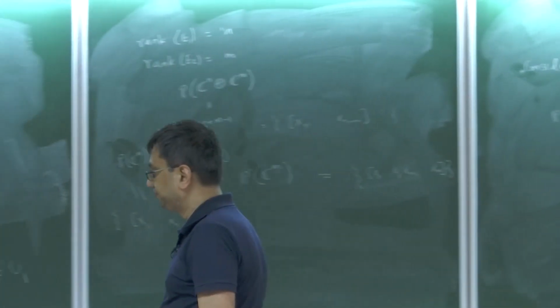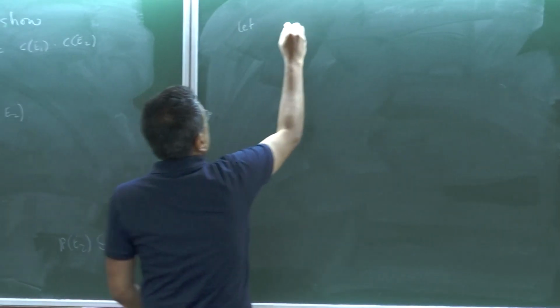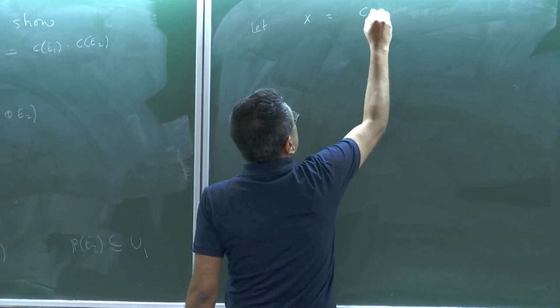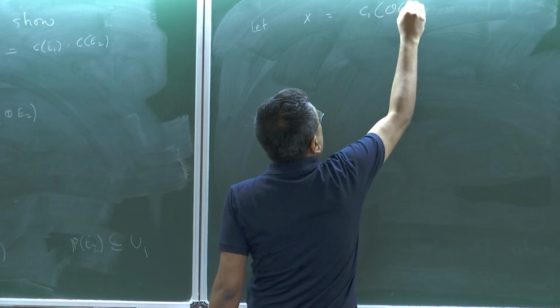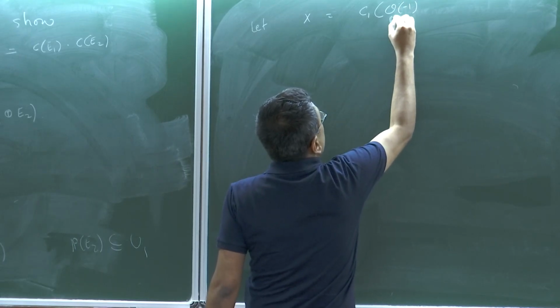Let us see how. So let X be equal to the first Chern class of O minus 1 of this P of E1 direct sum E2.